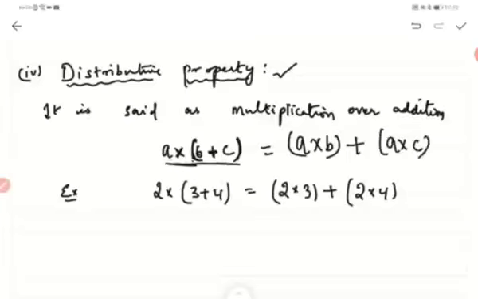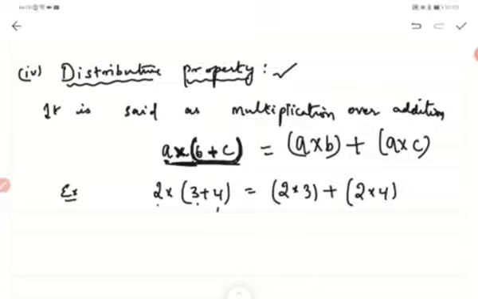This is the distributive property. What we are doing is distributing this number with multiplication into the bracket with the addition sign. Multiplication over addition. The example we have taken here is A as 2, B as 3 and C as 4.